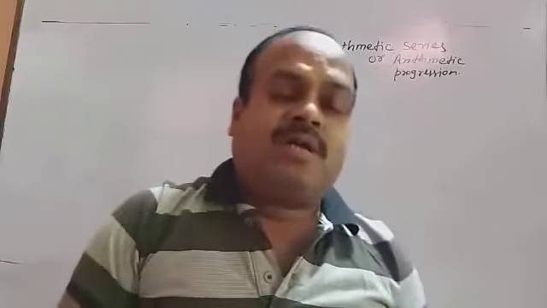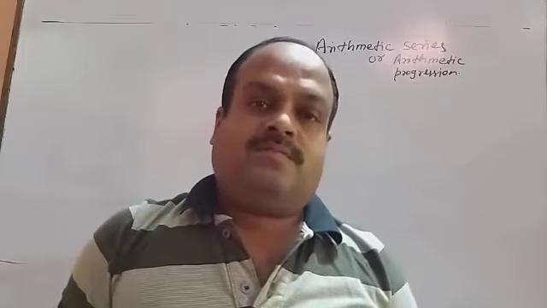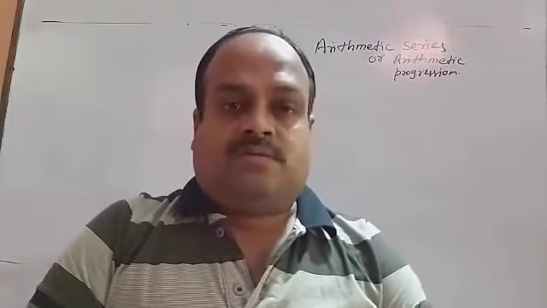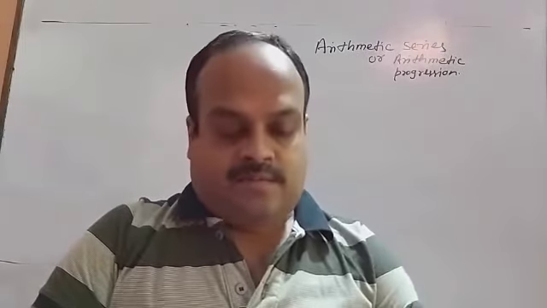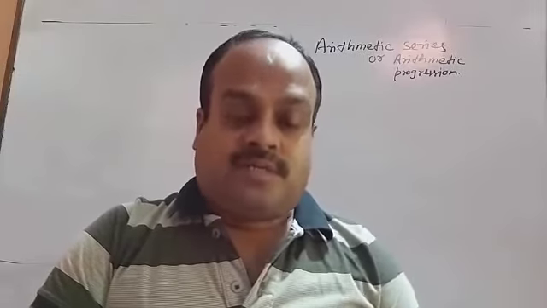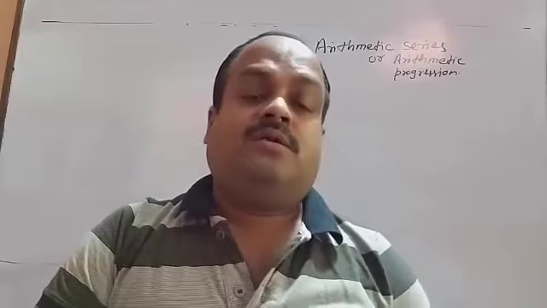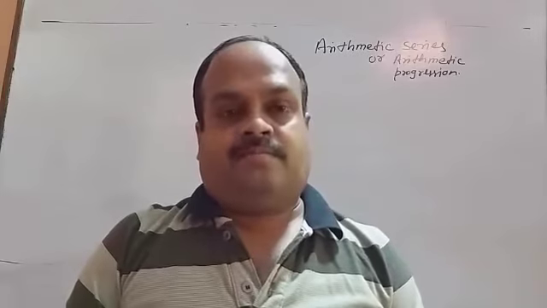In the last video class, and also in the last live class, I told you something about the arithmetic series. I am not going to tell you much more, but the necessary things I should tell you again.